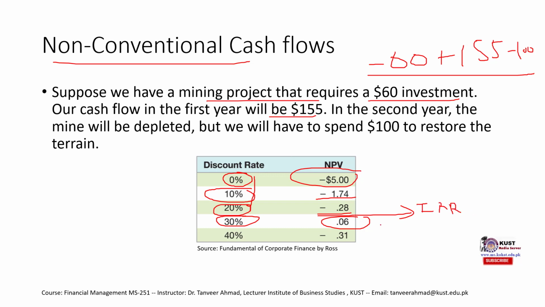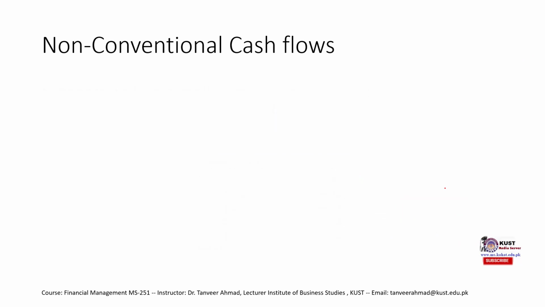But if you again increase the discount rate to 40, it would again turn out to be negative. So that means there would be another IRR, because IRR is when NPV is 0. So NPV would be 0 at this point, negative and positive, and NPV would be 0 at this point, negative and positive. So we would have two IRRs. Which IRR would we consider? So this is the problem. So we need to solve this problem. And so there are two problems.